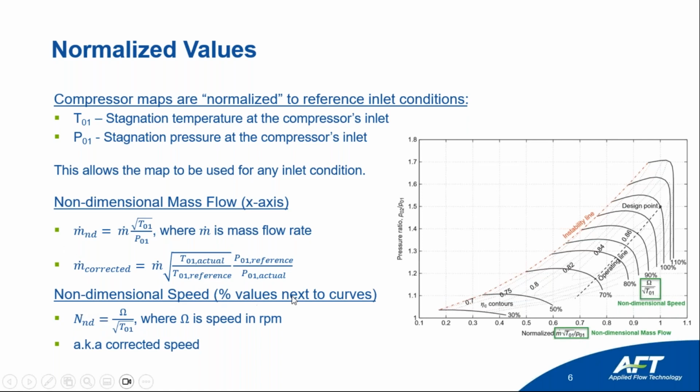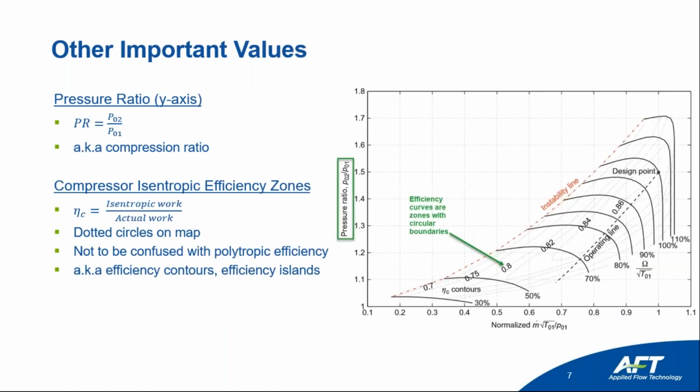You also will want to non-dimensionalize the speed. Again, you're just correcting this omega, which is going to be an RPM, using the square root of the temperature to get that speed independent of the temperature of the fluid. The other important thing to note is the compression ratio.